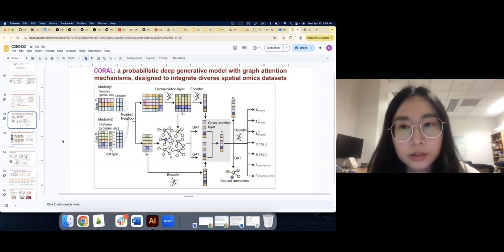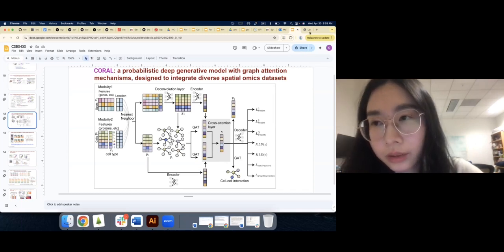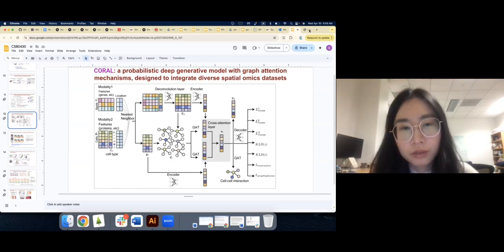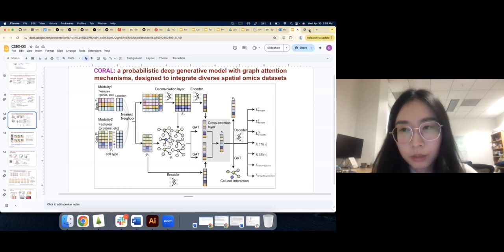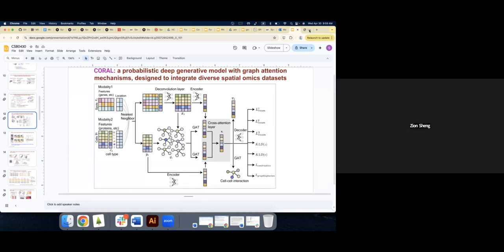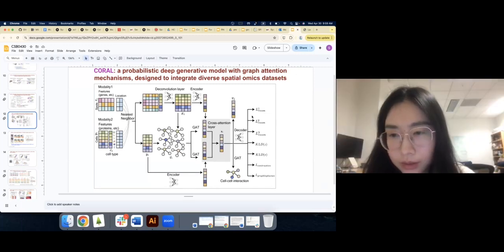I think it's in the methods. Would you mind sending me an email and I will point out the exact text? But I think we have it in the methods. Yes, it's probably in the reconstruction, I think in the last part.